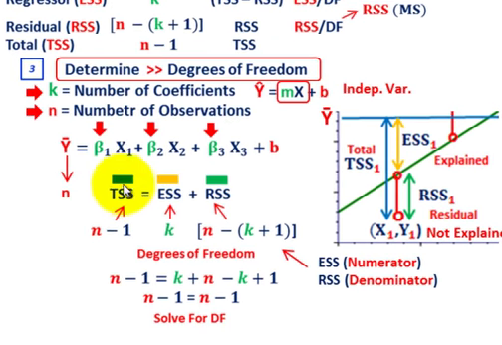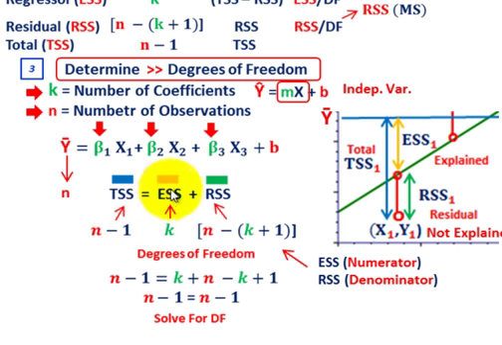Remember, we said our total sum of squares equals our explained sum of squares plus our residual sum of squares. This equation is important if you're trying to determine your degrees of freedom. If you know the values for two of these, then you can solve for the other one. For our total sum of squares, that would be n, the number of data points, minus 1.